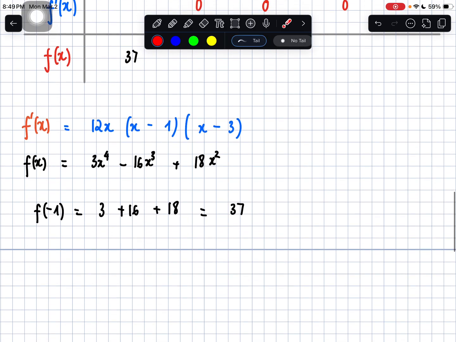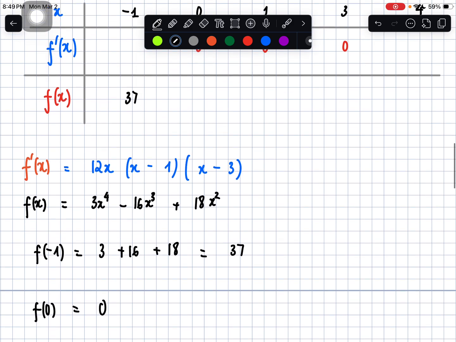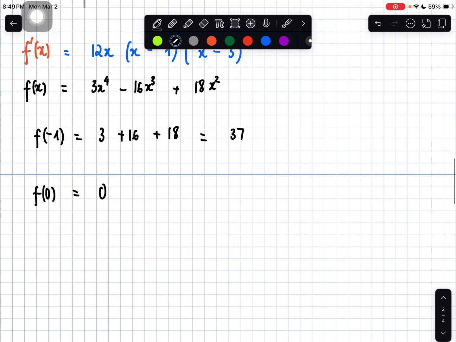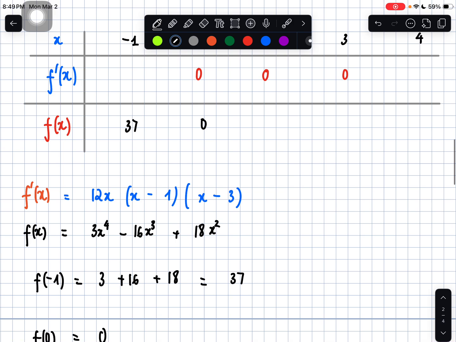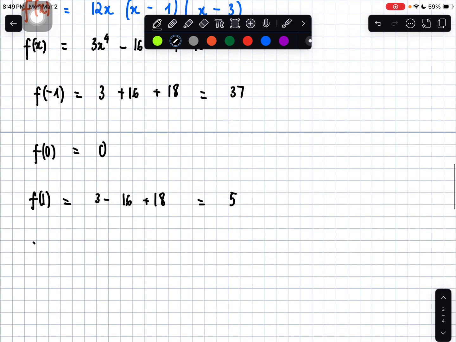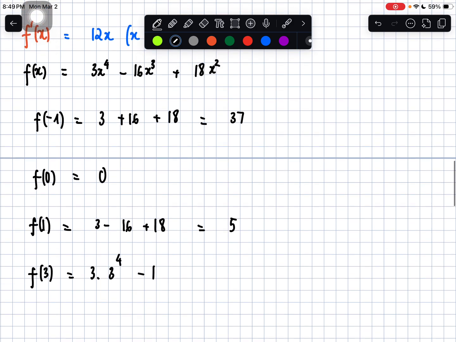F at 0 is 0. F at 1: 3 minus 16 plus 18. So it's 5. F at 3: 3 times 3 to the fourth, minus 16 times 3 cubed, plus 18 times 3 squared.